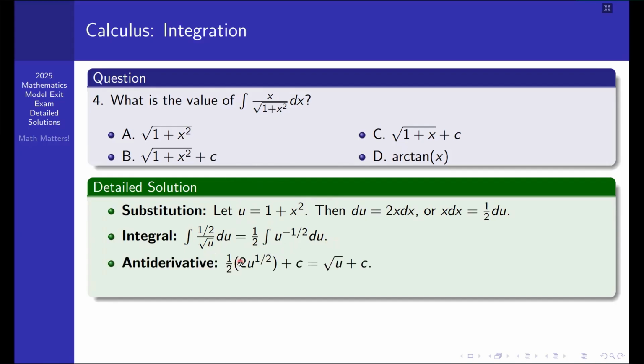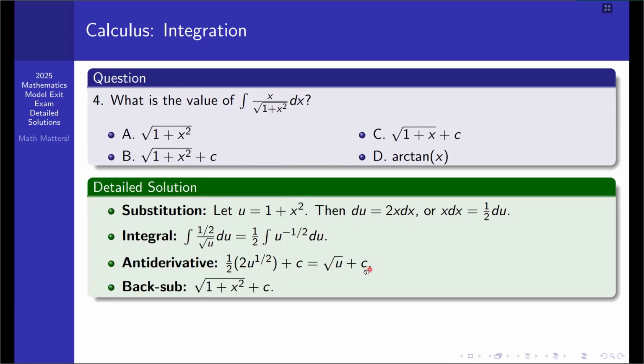So the antiderivative of this one would be 1 over 2 times u to the power of minus 1 over 2 plus 1, over minus 1 over 2 plus 1. We can further simplify this into 1 over 2 times 2 times u to the power of 1 over 2 plus c. These two cancel, and we are left only with the square root of u plus c.